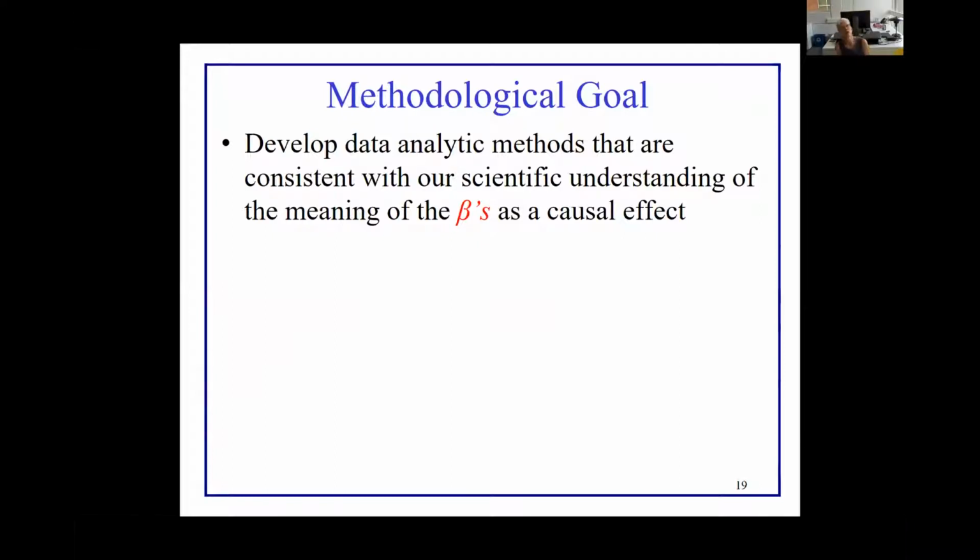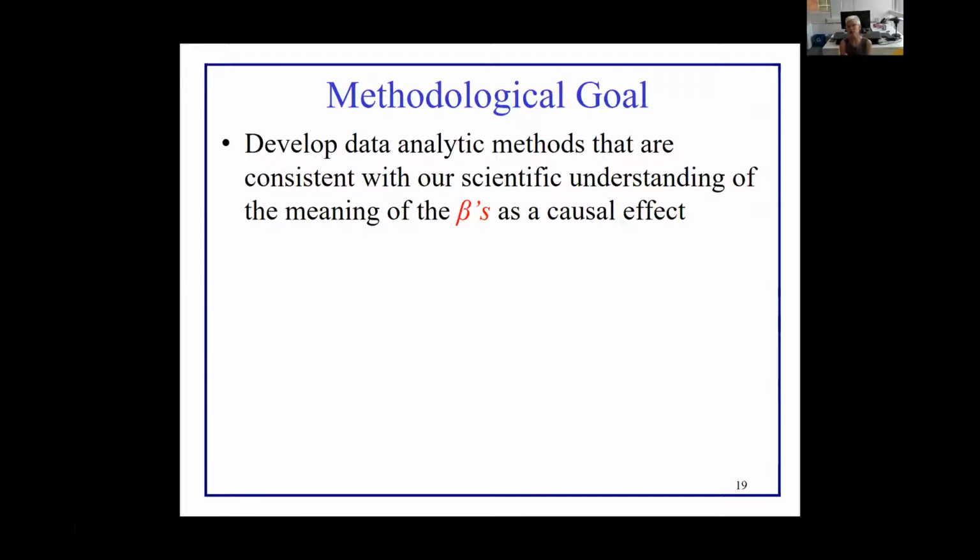So when we go to think about how we might analyze this data, whatever method we use, we want to have a method which still provides that same understanding that I just went through. That is that these regression coefficients, these betas, they are causal.